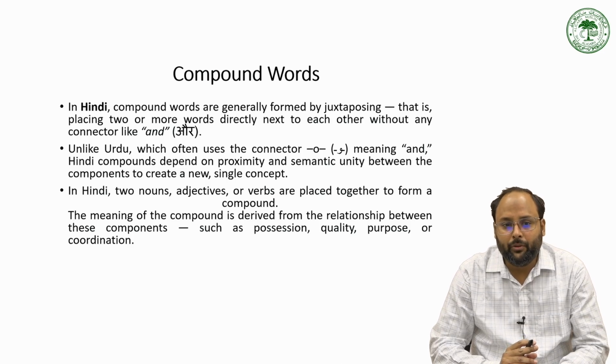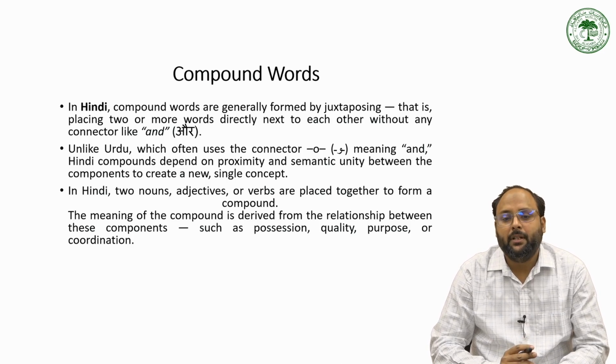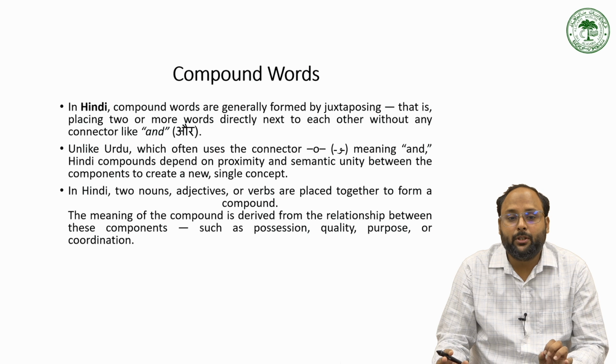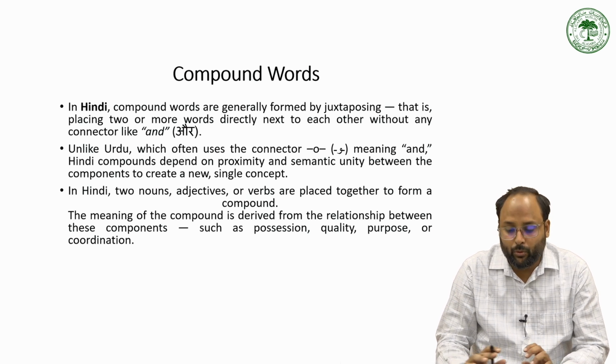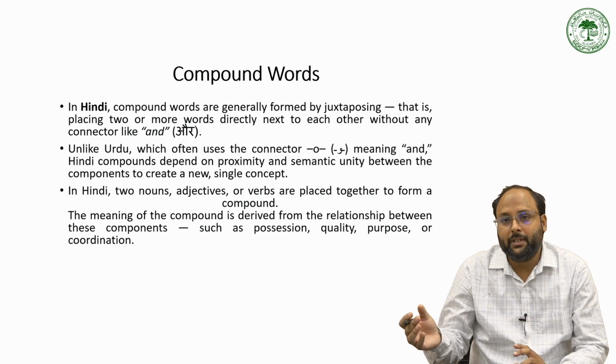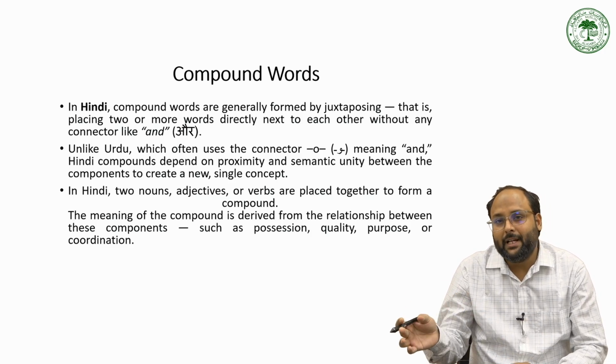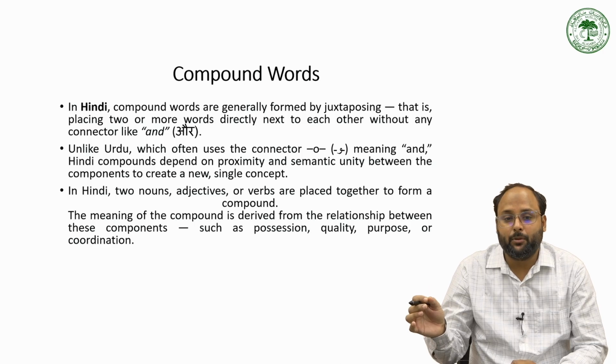In Hindi, compound words are generally formed by juxtaposing. Juxtaposing means placing two or more words directly next to each other without a connector. So in Urdu we generally have some connectors, but in Hindi we do not have the connector. That feature is called juxtaposing.